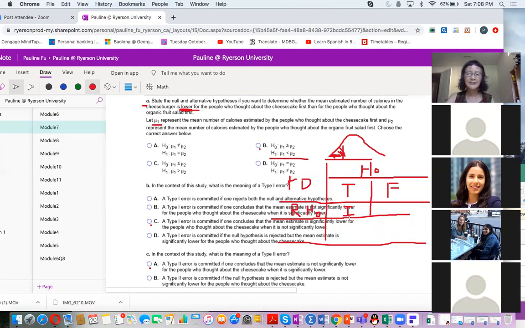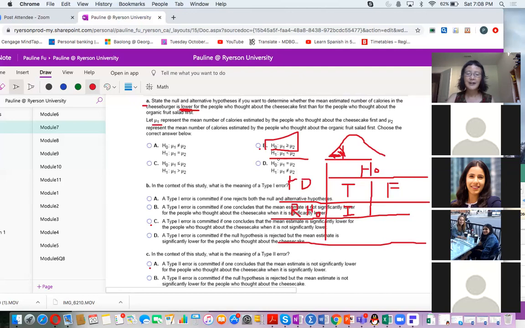Now, apply this definition to our situation. H0 is true. What is H0? This is my H0. H0 is true, but you said H1 is true. That is type 1 error.